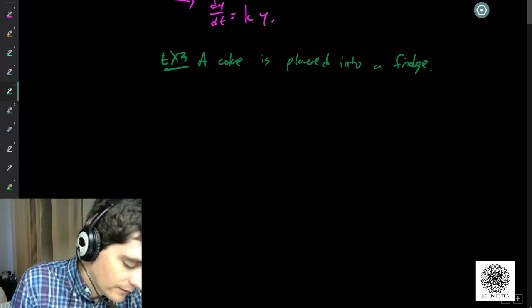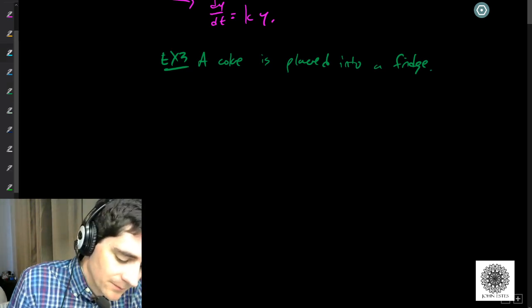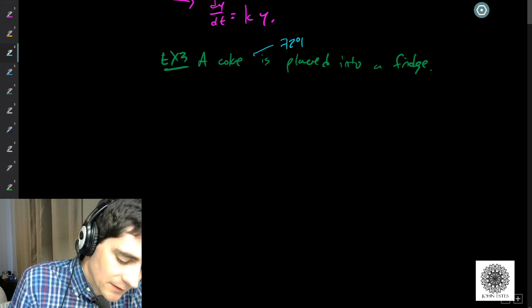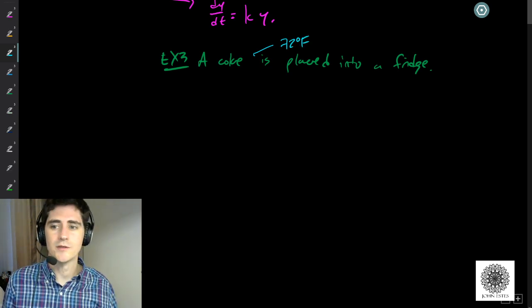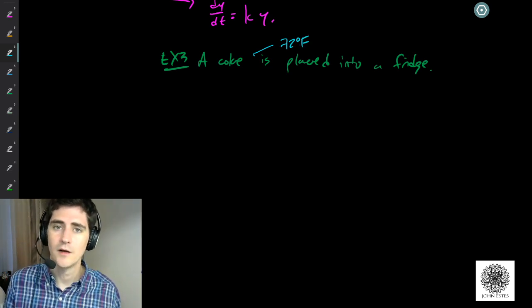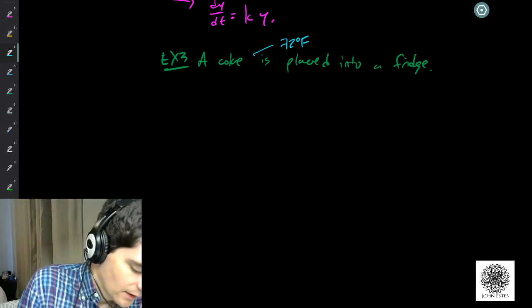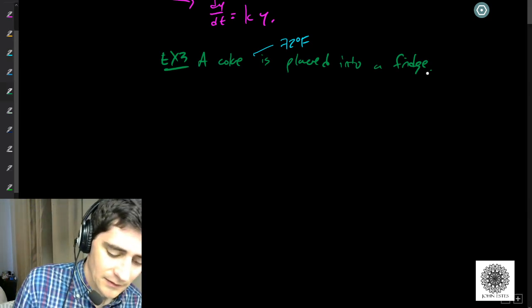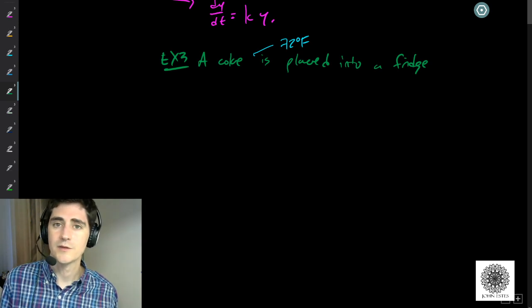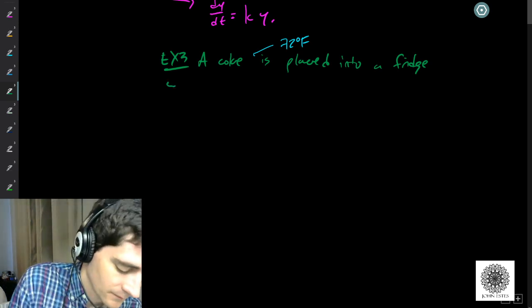And here, the Coke, we should mention, is 72 degrees Fahrenheit, right? So it's at room temperature. We just bought it in the store, and now we're putting it into the refrigerator, and the refrigerator has an internal temperature of 44 degrees Fahrenheit.